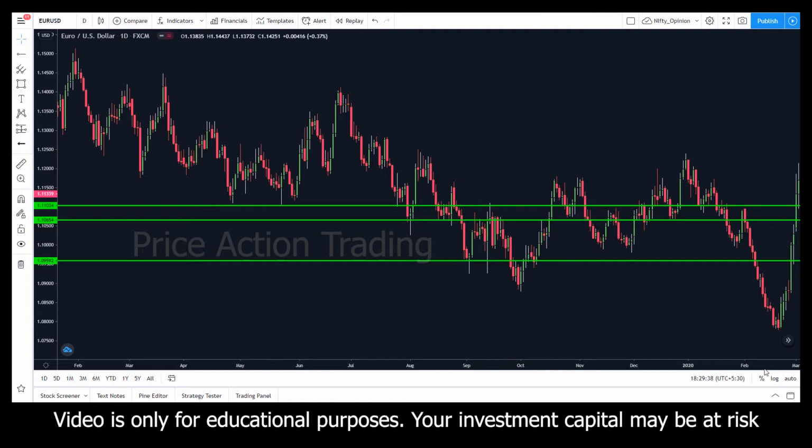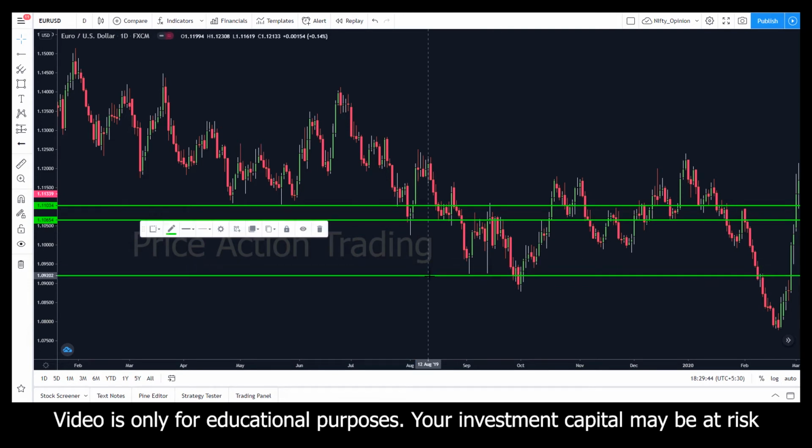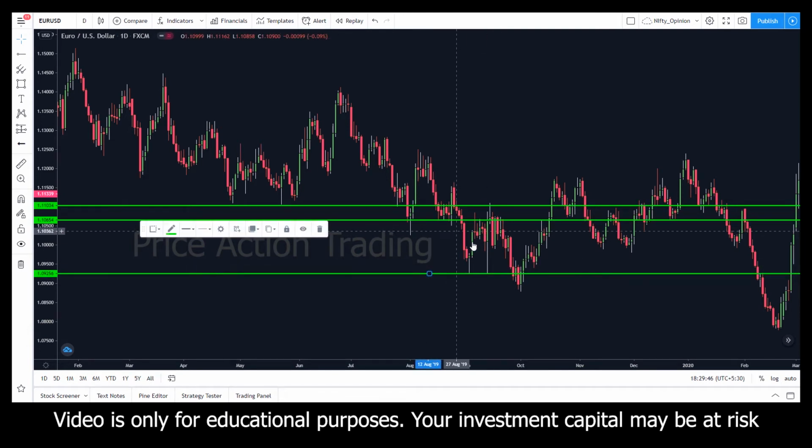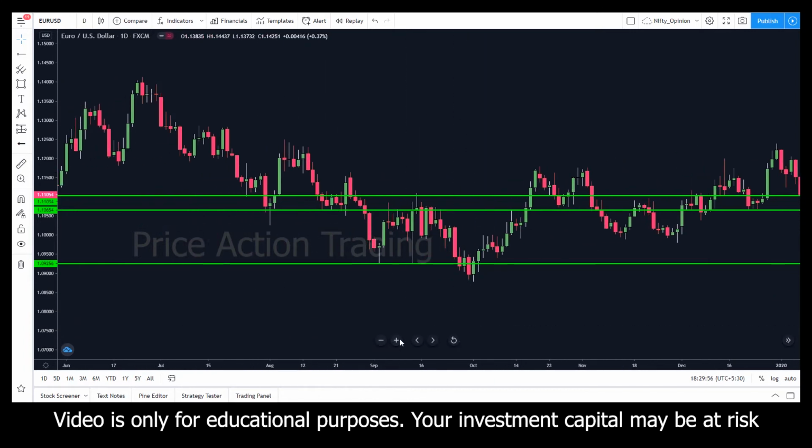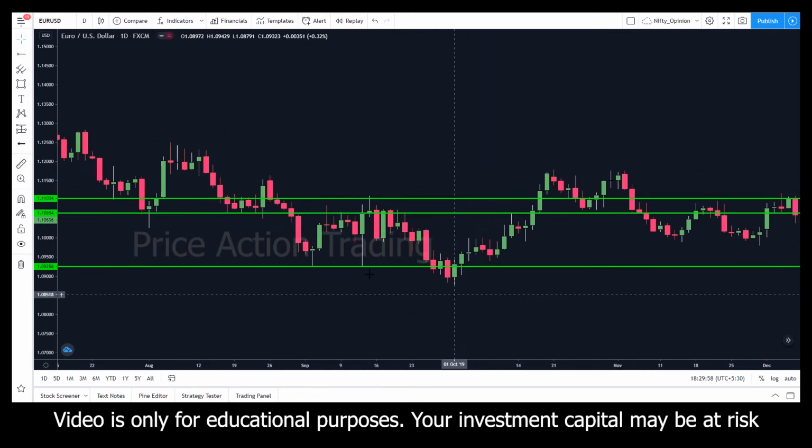Mark those levels. If you see something here, this candle is sort of like a pin bar, so let's mark this. Before this candle you will see that this was also a pin bar. If I zoom in more, notice this candle was also a pin bar and the market moved, but it didn't sustain.